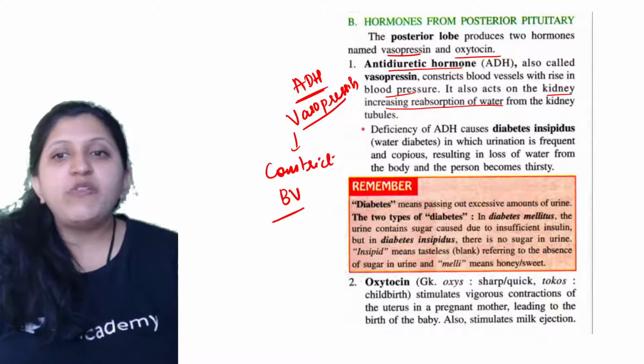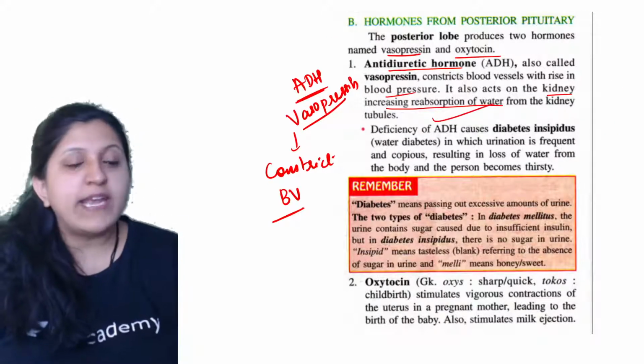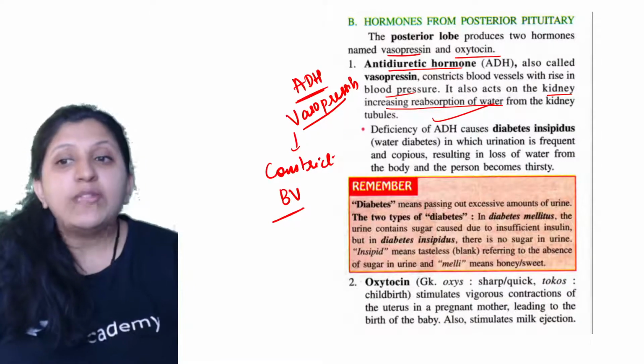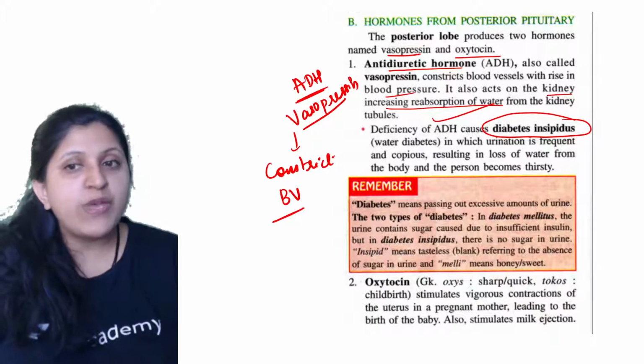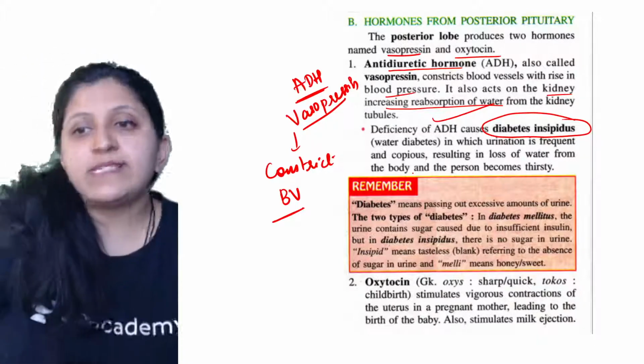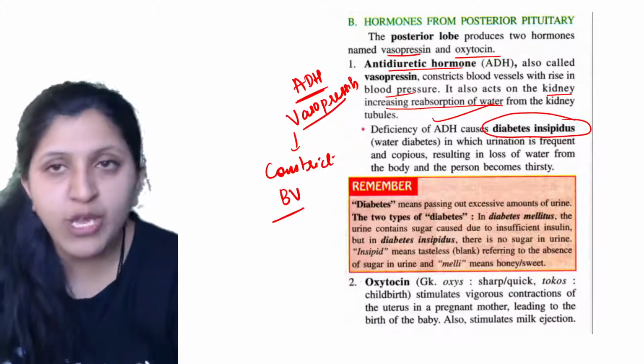Now, deficiency of ADH, that is hyposecretion, will lead to diabetes insipidus. We can also call it water diabetes, in which urination is frequent.